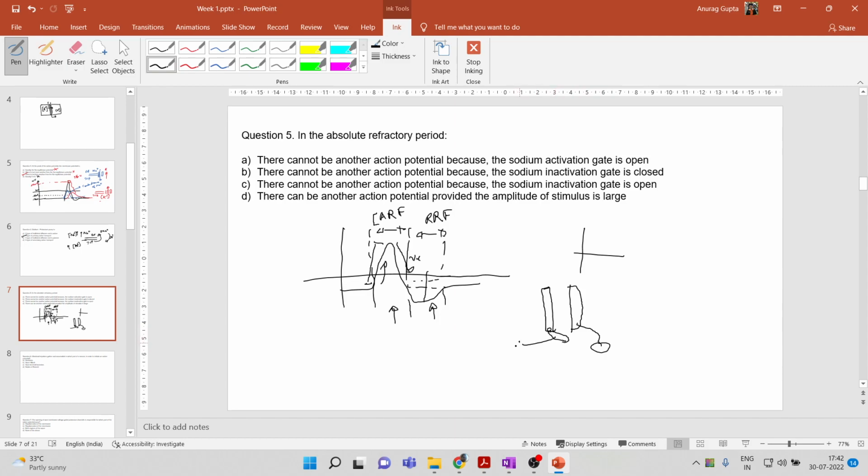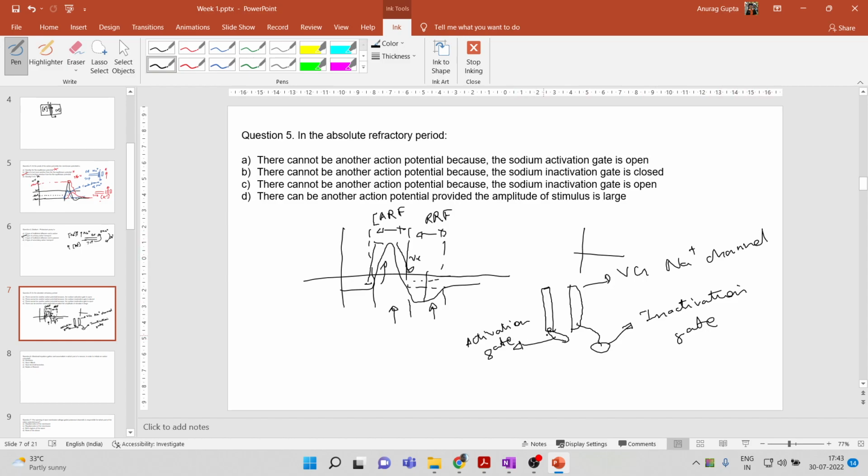This is the activation gate, and this is the inactivation gate. This is the voltage gated sodium channel.